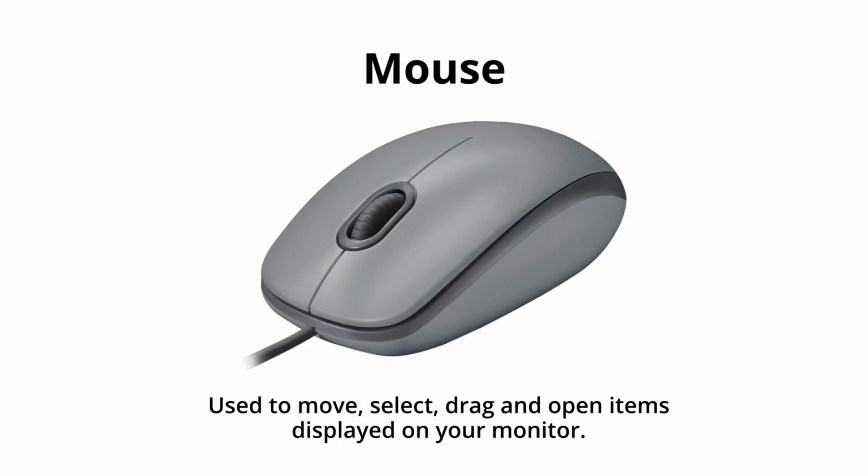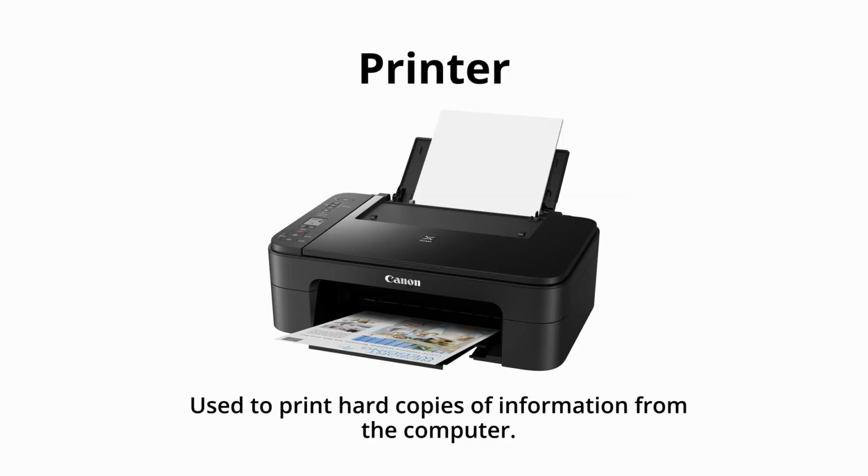The mouse is also known as an input device. All right, so it basically helps you to navigate and move around, select text and icons and files and even folders on your computer.